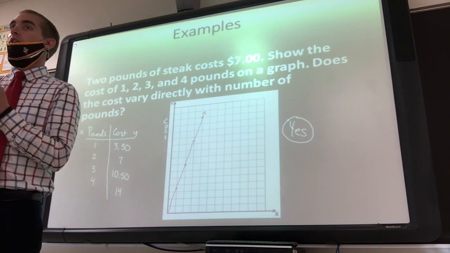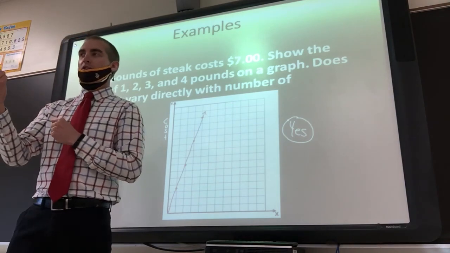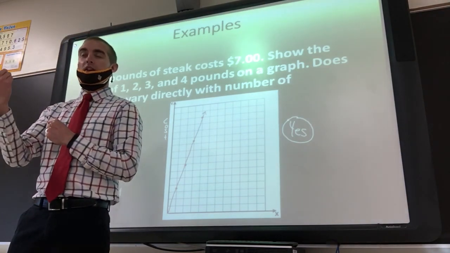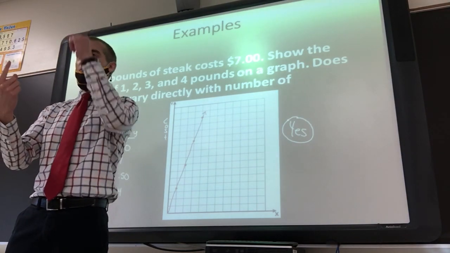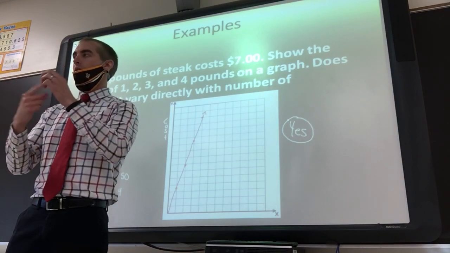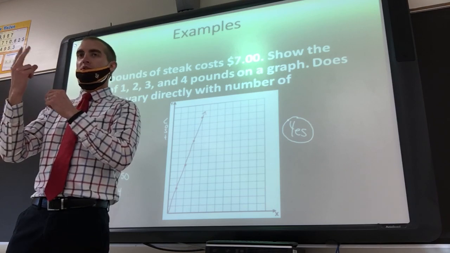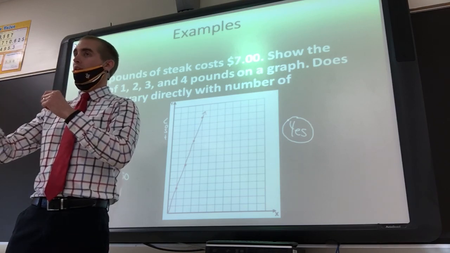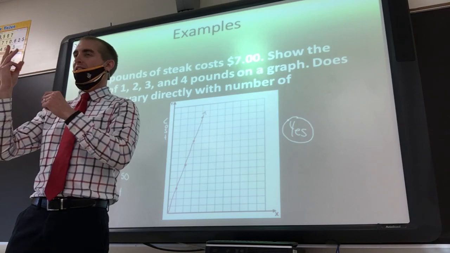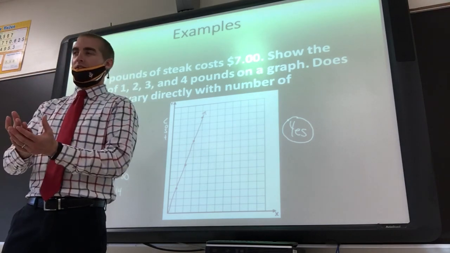And Wanda? Same unit rates. Okay, the unit rate is what letter? K. And K equals what over what? Y over X. And what are the other names for unit rate? Unit rate, constant of proportionality, slope, constant of variation.